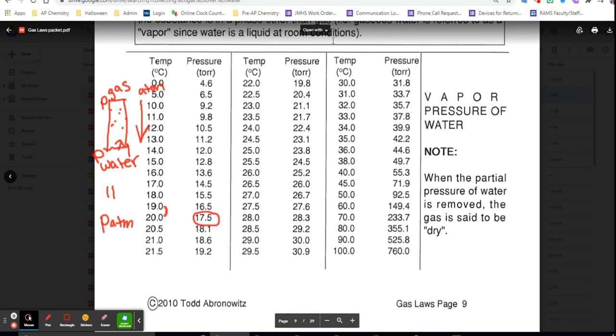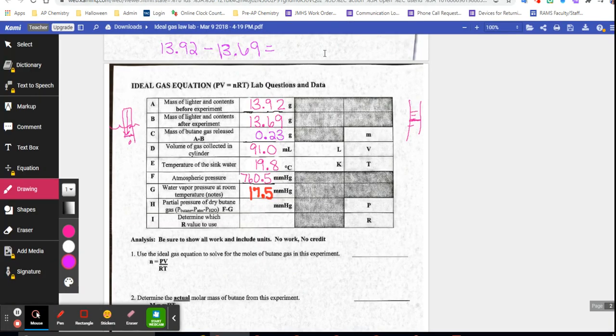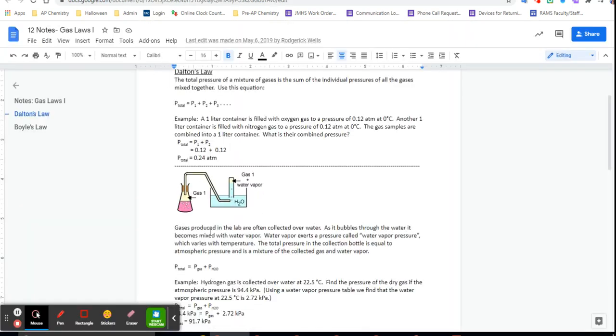Okay, now I said that you were going to be using Dalton's law in order to do this part. Sorry, I should go back to this picture. The whole idea is that you will always have pressure total equal to pressure of your gas plus pressure of your H2O. So here, I'll write it one more time: pressure of your gas plus pressure of your H2O.